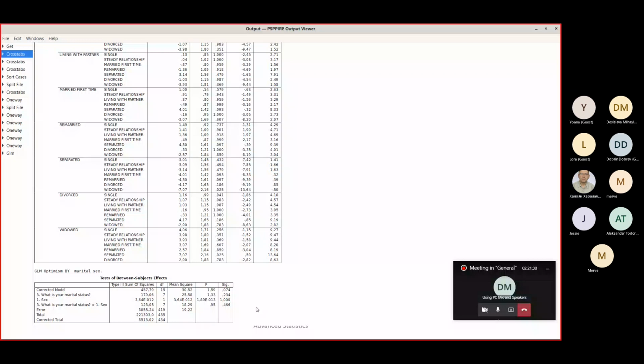We remove a factor according to the value in this column, the type 3 sum of squares, and we remove first the factor with the lowest value in this column.